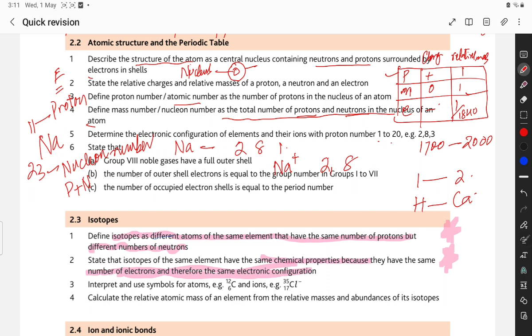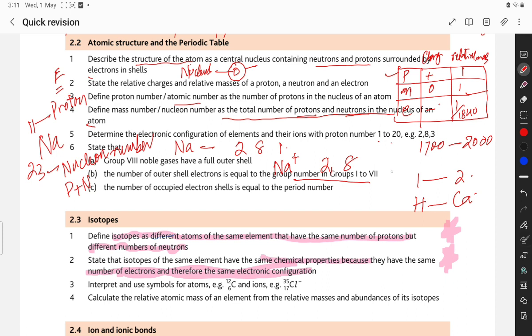This is very important: group 8 noble gases have full outer shells, and why are they stable? Because group 8 elements have a stable arrangement of electrons. You can write like this: the number of outer shell electrons is equal to the group number. There are 8 groups in the periodic table.